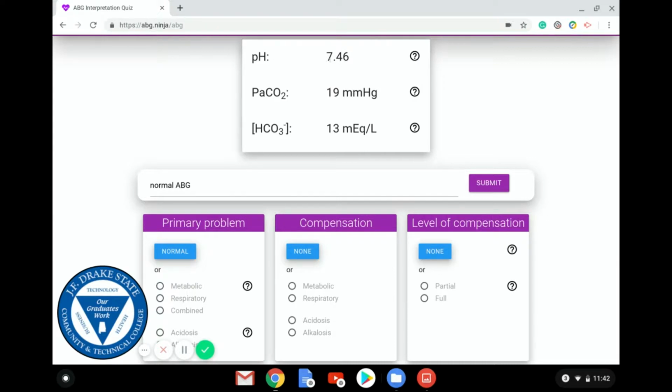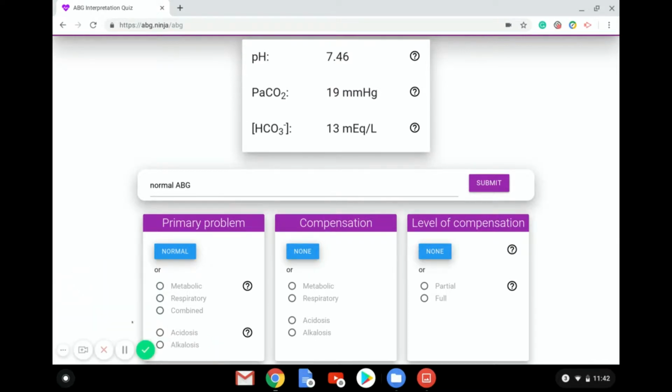Being above that normal range of 7.45, we would term this alkalosis. When trying to determine whether a condition is acidotic or alkalotic, we first look at the pH. So we know this is alkalosis, and we can put that as our primary problem.